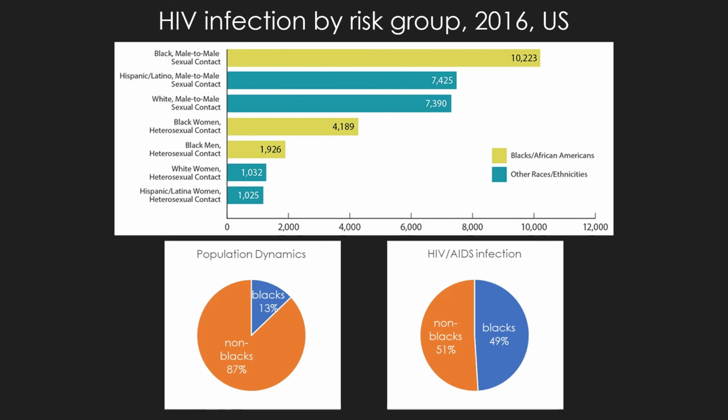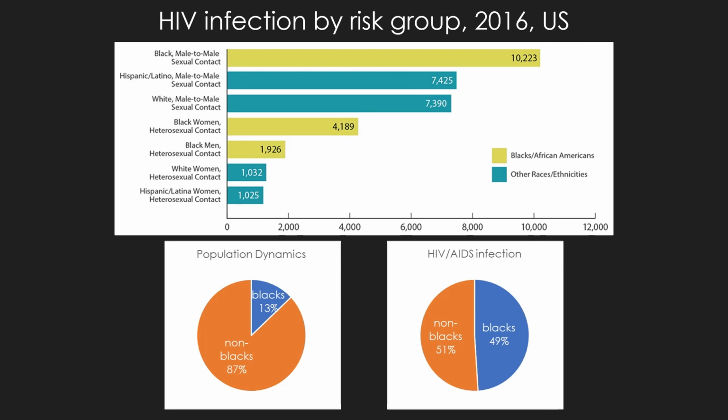So overall, in the United States, as is the case with all developed nations, this is a disease that primarily men who have sex with men are at risk for, followed by Black women who engage in heterosexual contact, Black men who engage in heterosexual contact, and then whites and Hispanic women who engage in heterosexual contact.